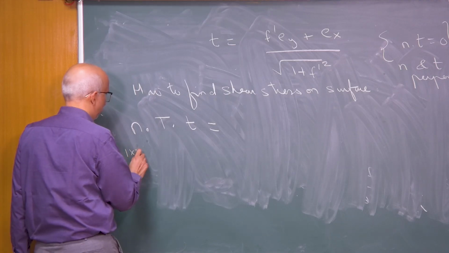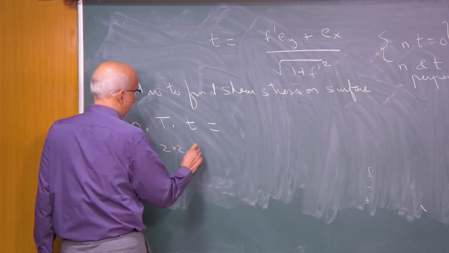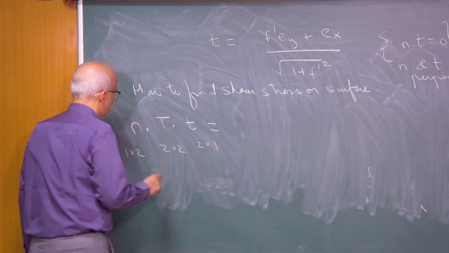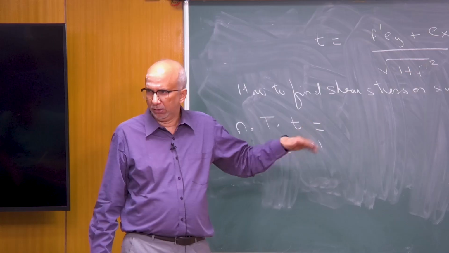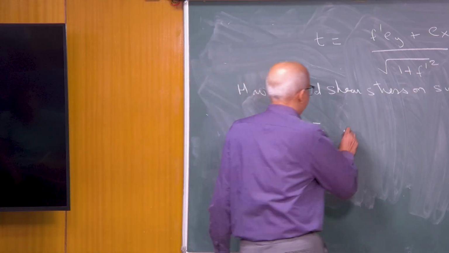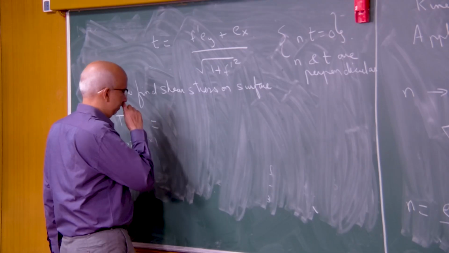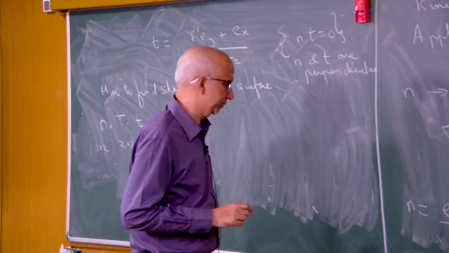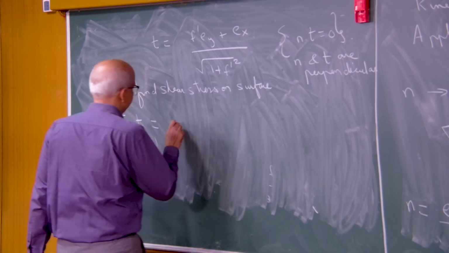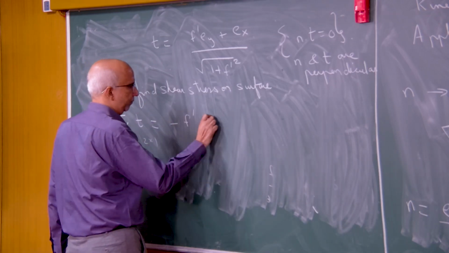So, 1 by 2, this is 2 by 2 and this 2 by 1. I am going to write the n as a 1 by 2, 1 row 2 columns, first is x, so minus f dash, 1.